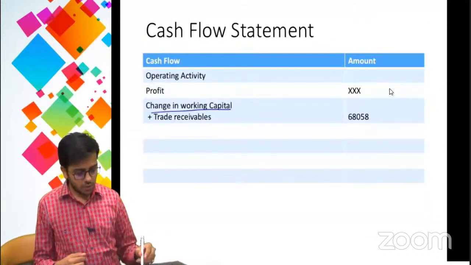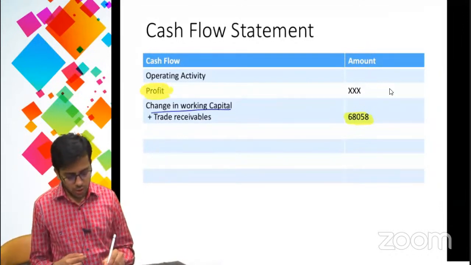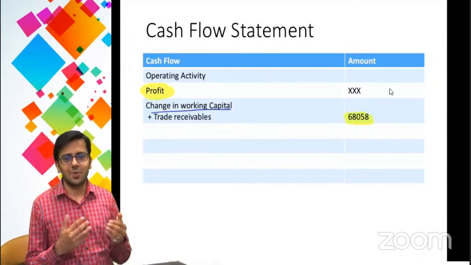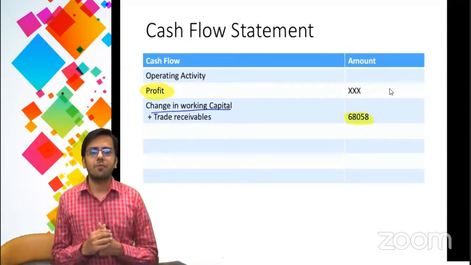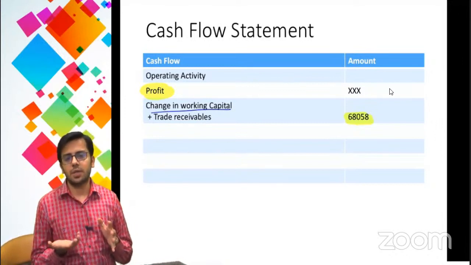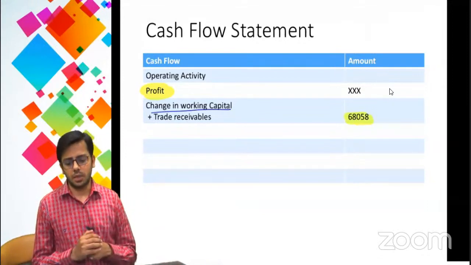So 68,508 is the only thing that will appear in your cash flow statement. What about interest? Interest is already included in the profit, so I don't have to add back or reduce interest. Everything appears only under the head operating activity. Nothing appears under investment activity, nothing under financial activity. I hope it is clear.